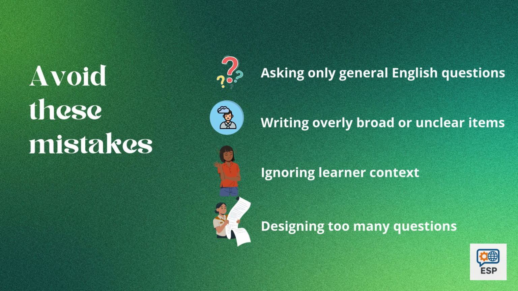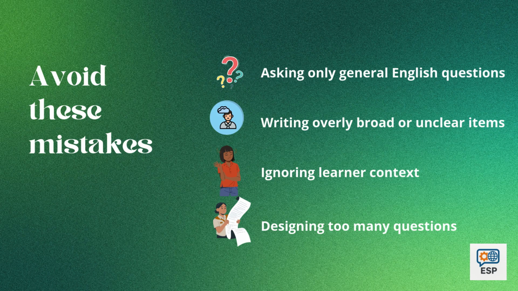Another idea here is writing overly broad or unclear questions. Again, going back to this idea of making questions that are just too complicated or just too brief, and by being brief, they tend to be very broad. So it's really a matter of finding the right balance, something more or less in the middle, where it's easy and clear to understand, and it really leads the person to writing the information that you actually need in order to continue on doing your ESP course.